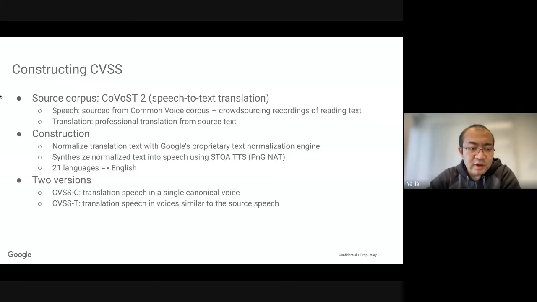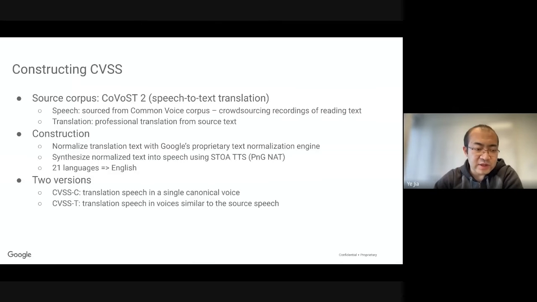So the speech in CVSS is sourced from the Common Voice corpus, which is crowdsourced recordings of people reading text. It's typically from Wikipedia kind of content. And the translation is done by professionals based on the source text. So what we do is we normalize the translation text using an internal text normalization engine, and then we synthesize such normalized text into speech using state-of-the-art TTS systems.